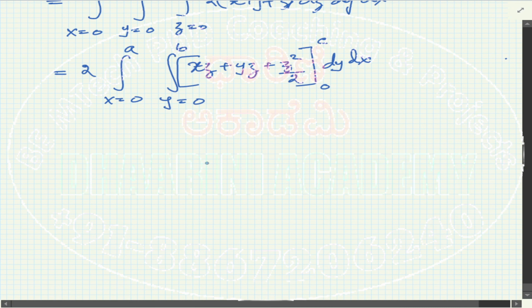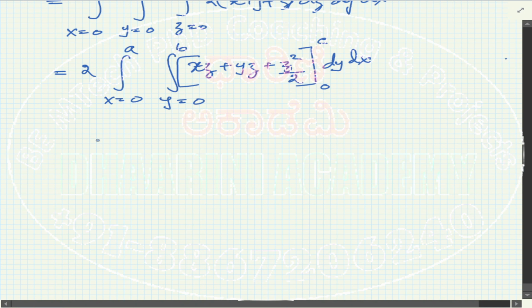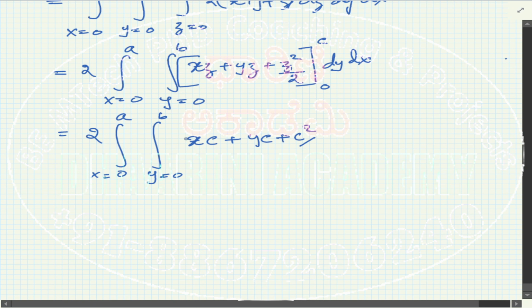So this is equal to 2 times integral x equals 0 to a, integral y is equal to 0 to b, put the z value as c. So this is xc plus yc plus c square by 2 into dy dx.